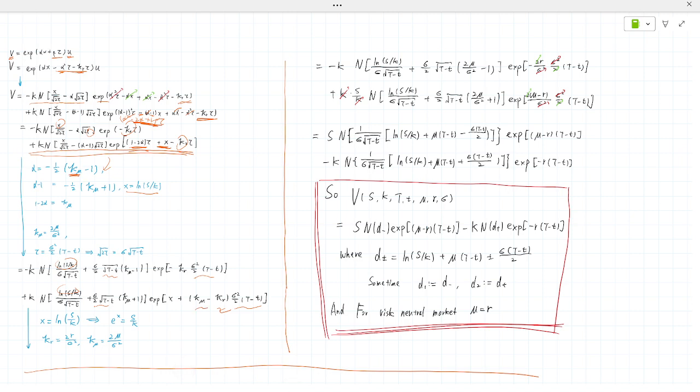Put the kappa in, mu, kappa mu. And since exponential of x is s over k right here, we can make this s over k multiplied by k equals to s right here.